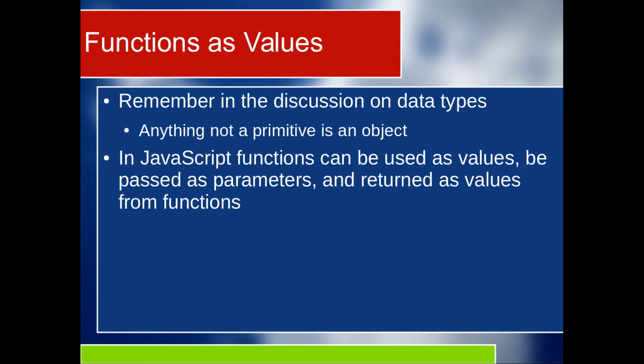Notice that's why I try to differentiate stuff on the return. We're not talking, in this case, the value being returned from the function. We're talking the function itself is a value. You can pass these functions as parameters, and we can return functions as values from other functions.